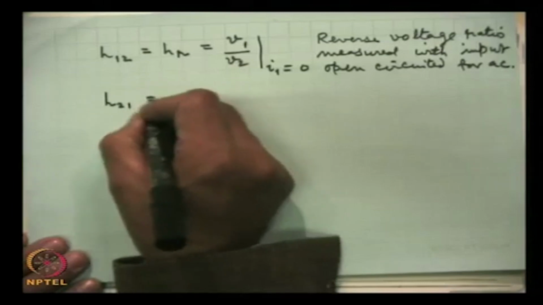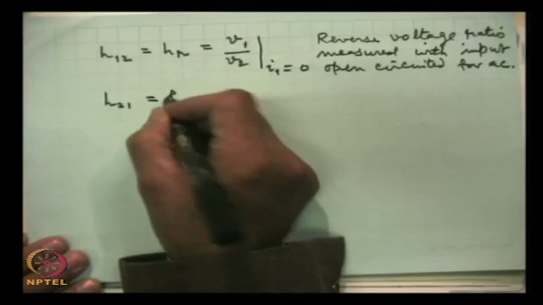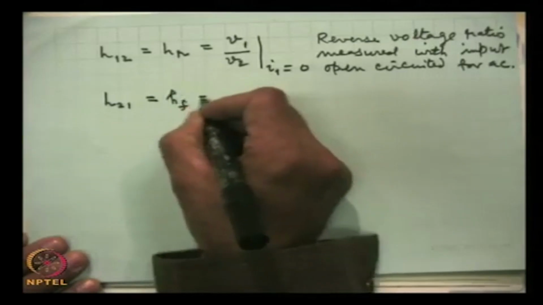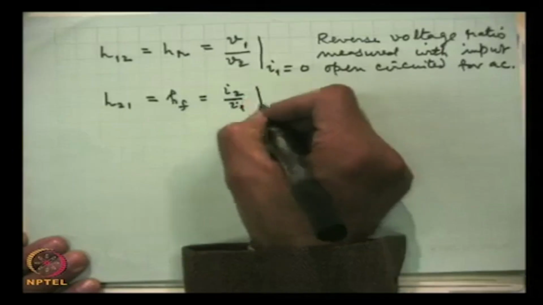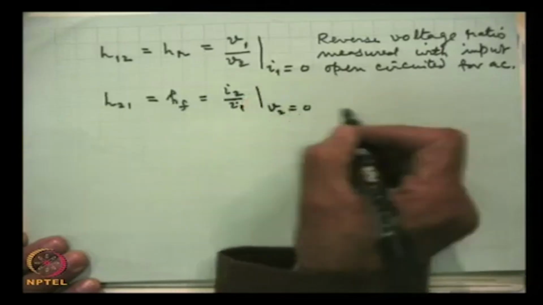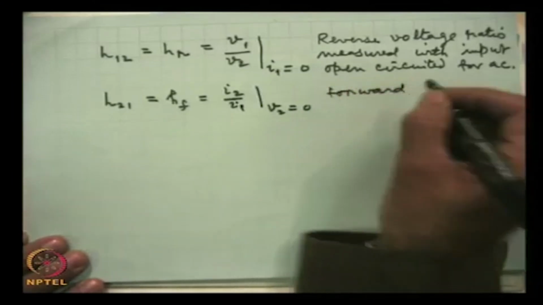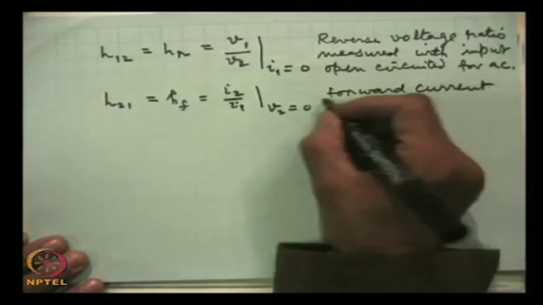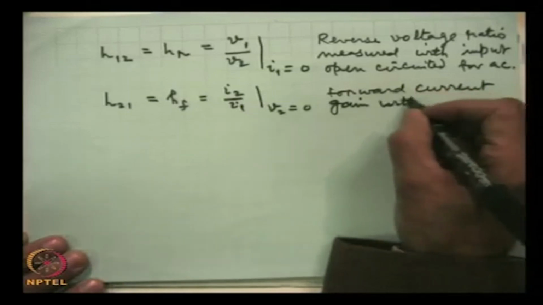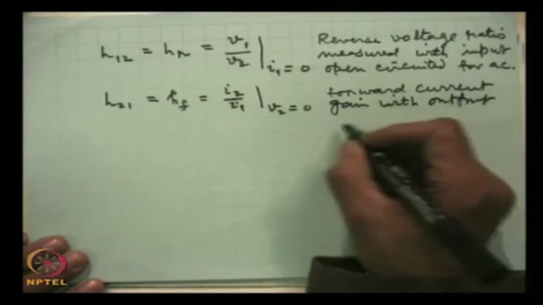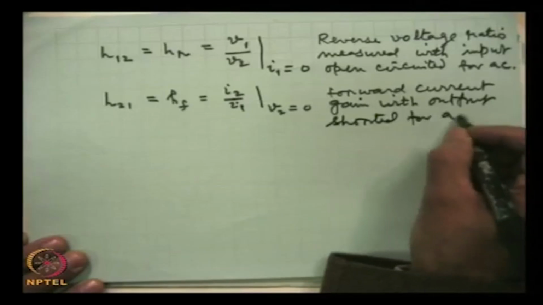Similarly H21, which is written as HF, is the ratio of I2 by I1 with V2 0. So this is forward current gain with output shorted for AC.